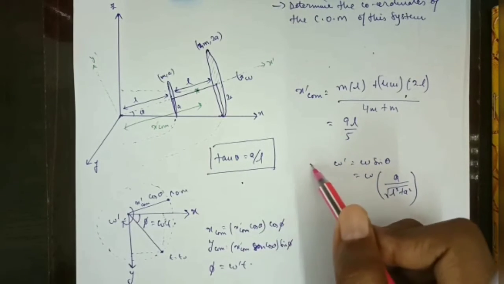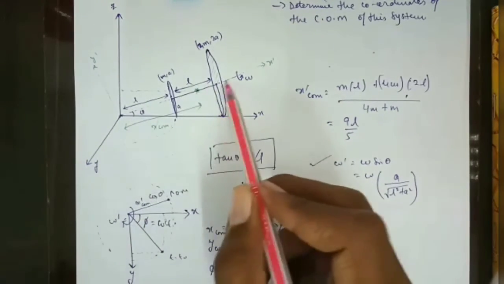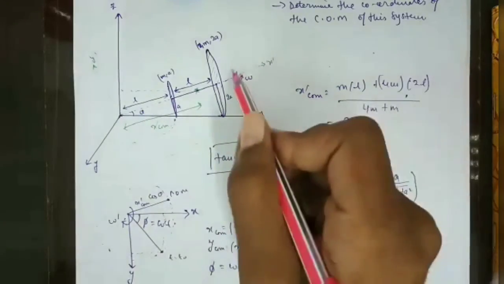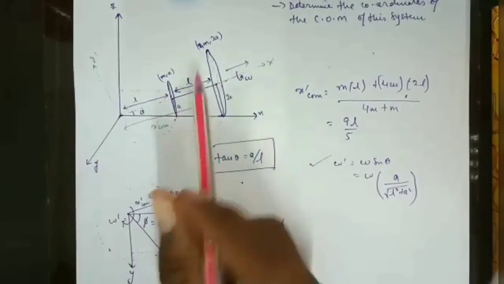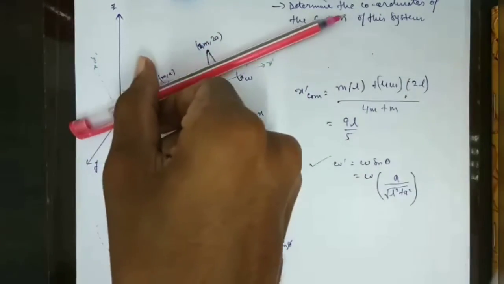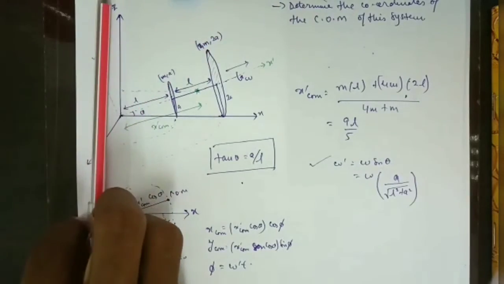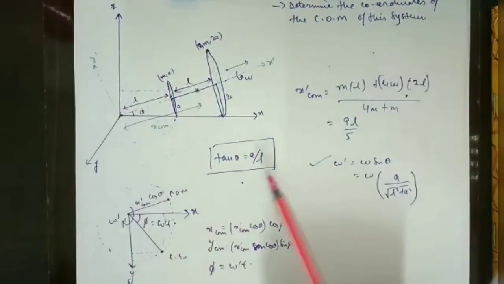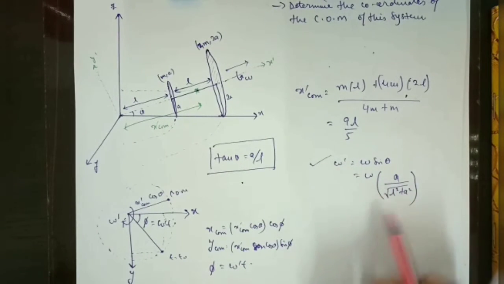Now how do we know that? See, the omega of the system about this axis is along this x prime axis. So we take the x prime's component along the z-axis, from this direction to this direction. That is what we are doing. So we get omega prime, and this is the value of omega prime.